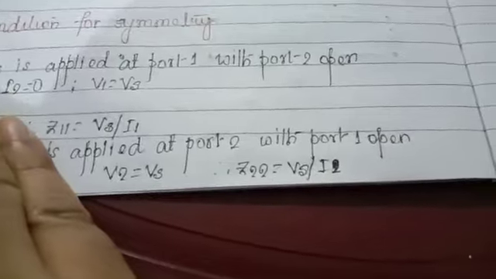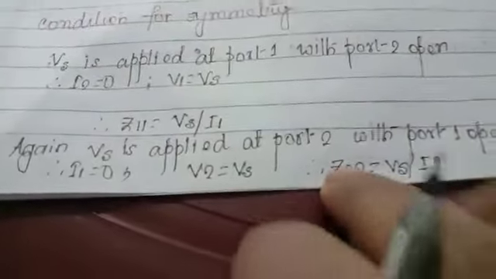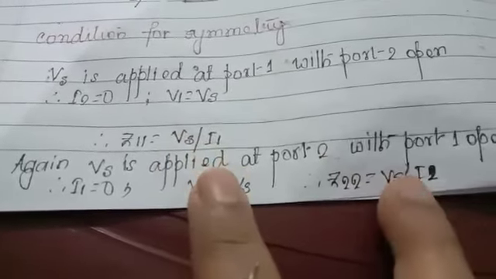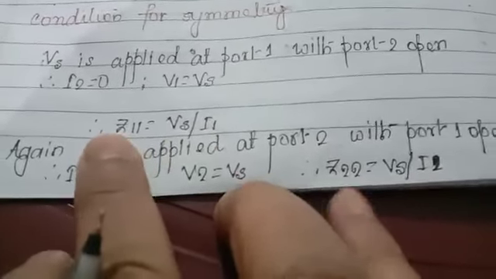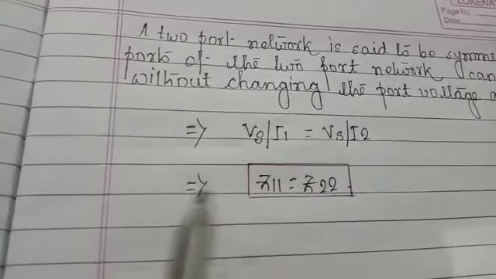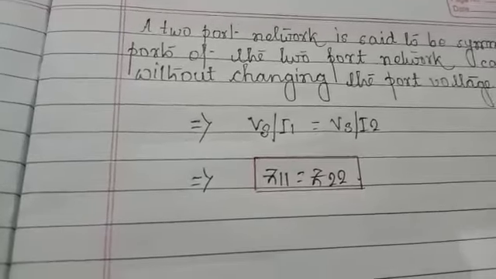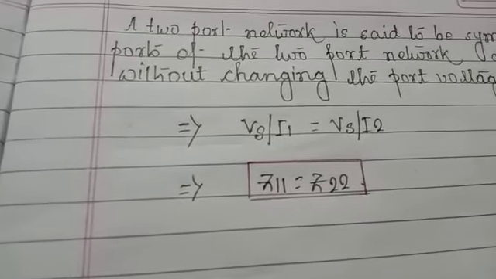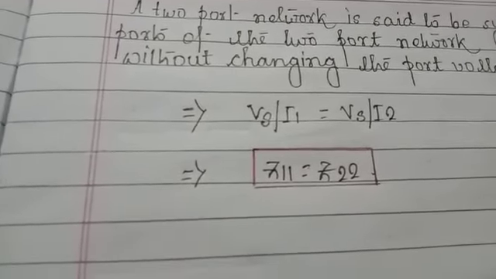So this is Vs by I2, that is Z22. So if these two are equal, then Z11 is equal to Z22. So Z11 equals Z22 is the condition for symmetry of a two-port network in terms of Z parameters, right?